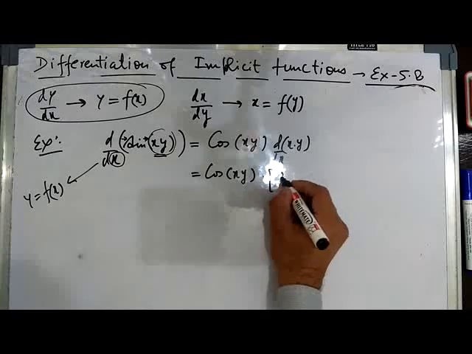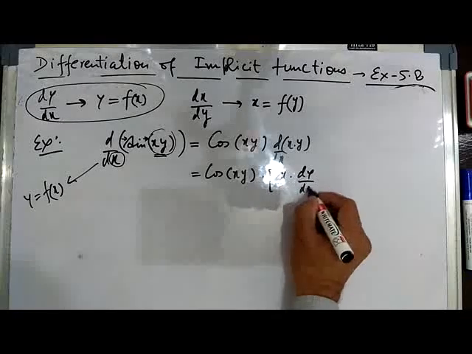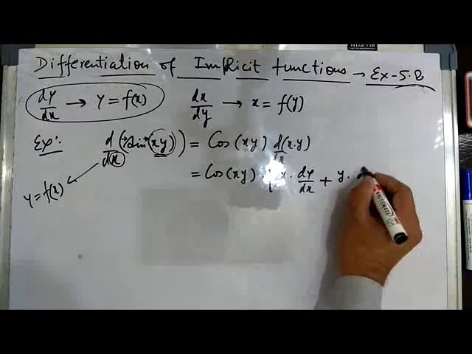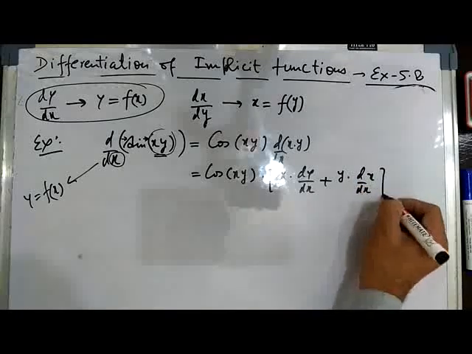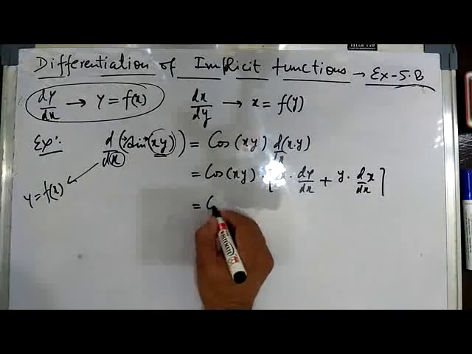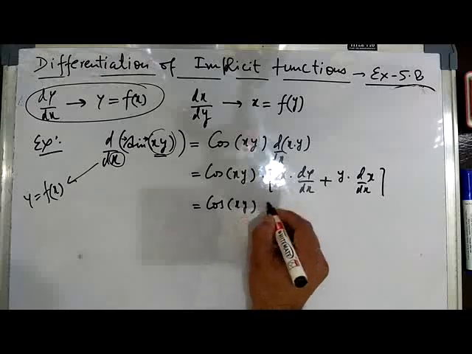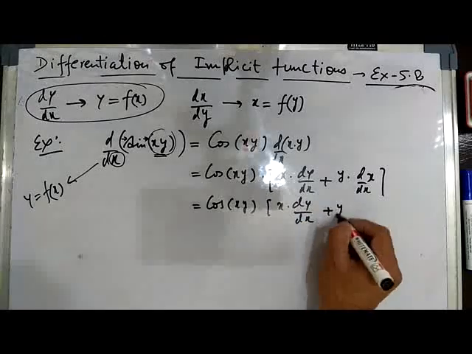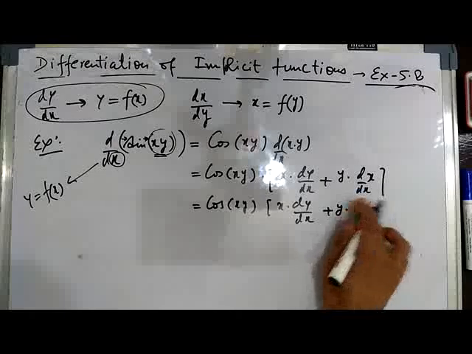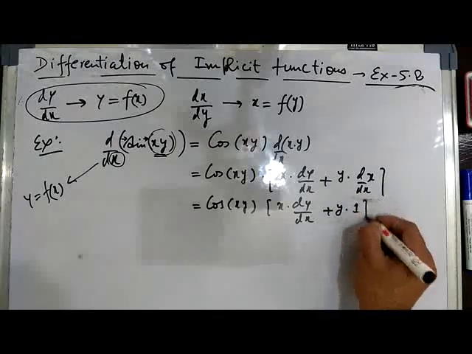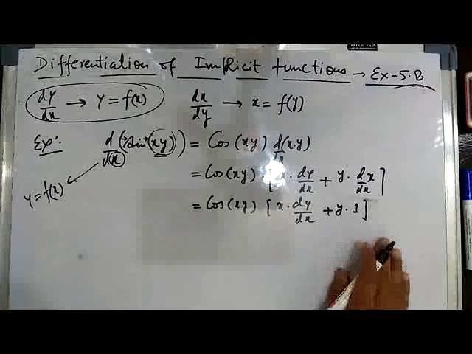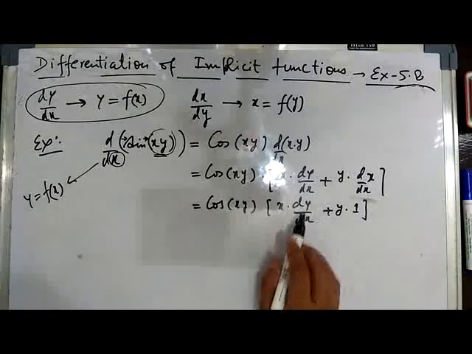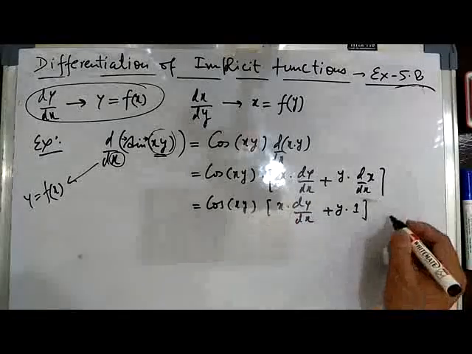How? x times the differential of y with respect to x, plus y times the differential of x with respect to x. So it is cos(xy) with x dy/dx plus y into 1. That is the differential of this function, which already has a term of dy/dx.